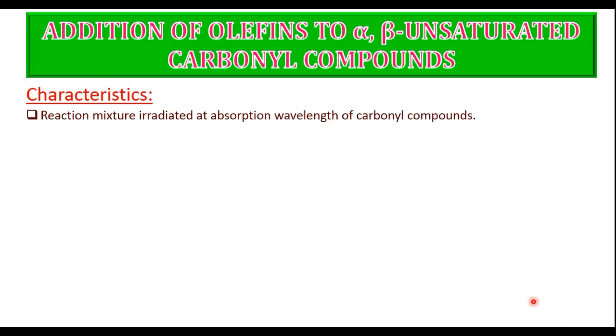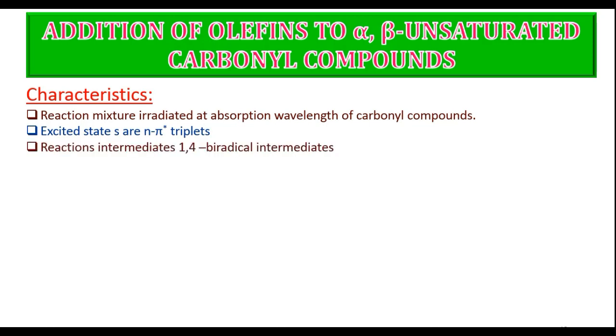We are irradiating at the absorption position of the carbonyl compound. Here the excited state is the n to pi star triplet state, because the carbonyl compound is present, and these are triplet state reactions. And what is the intermediate in this reaction? A 1,4 diradical or biradical intermediate.